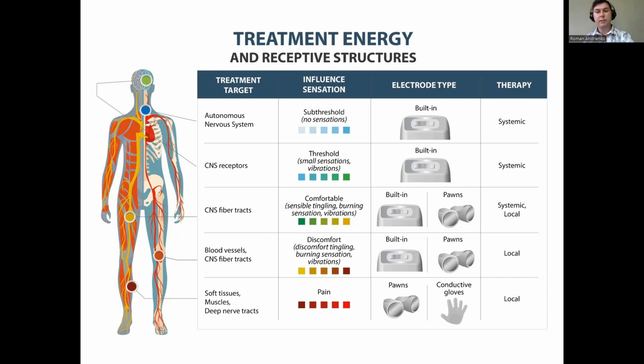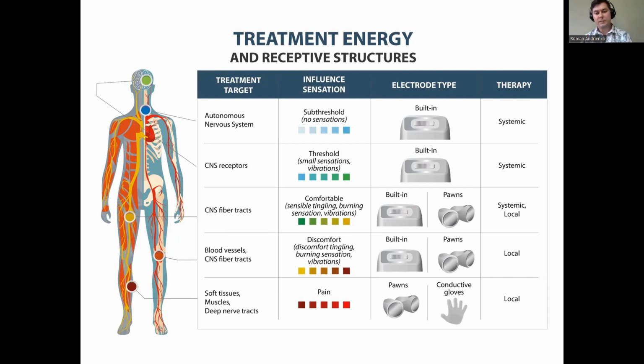If we're dealing with local therapy, we start to connect the external electrodes, such as PONS, one of the most popular electrodes of our time, or conductive gloves, or facial electrodes, it doesn't matter. The only thing to remember here is that when you're dealing with high treatment energy levels, because the built-in electrode is too small and the treatment energy is really high, it will be uncomfortable for your patient.